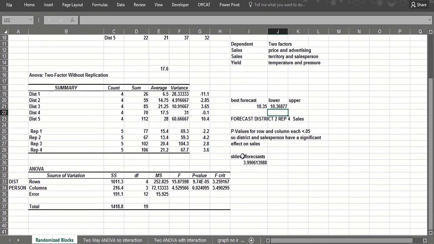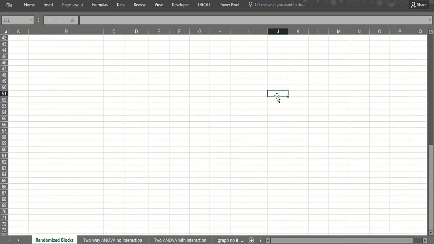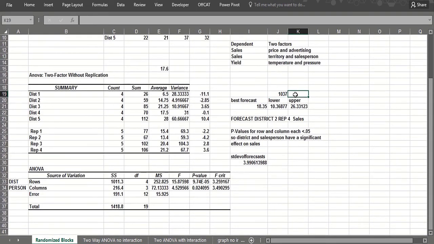So that would be 10.37. And for the upper limit, you'd go 2 standard deviations above, plus 2 times this. So you're 95% sure, if this is in hundreds, you'd sell between 1,037 and 2,633 on a week in which you had Rep 4 selling in District 2.